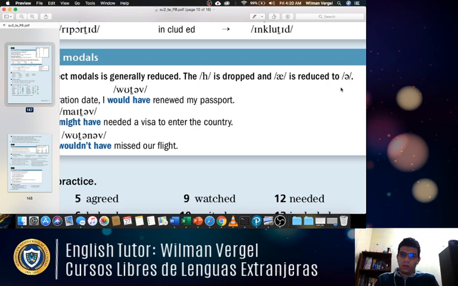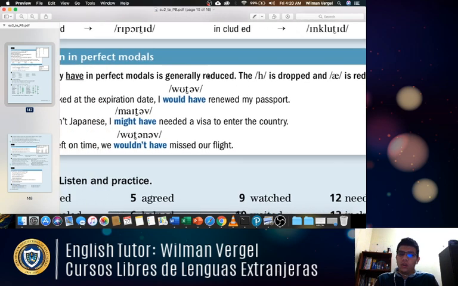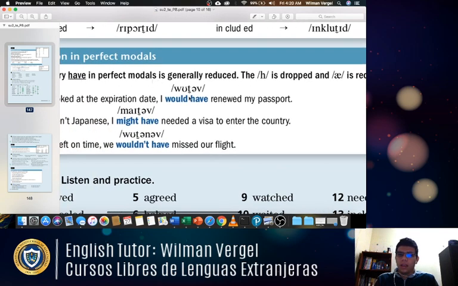So we reduce it to schwa because we normally pronounce the verb have as "have." This vowel here is pronounced as this sound.